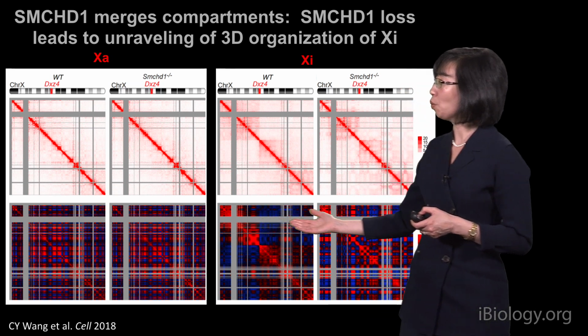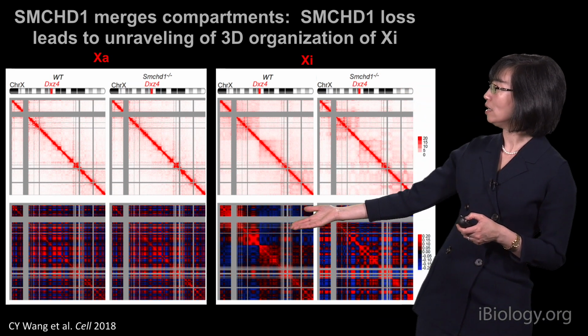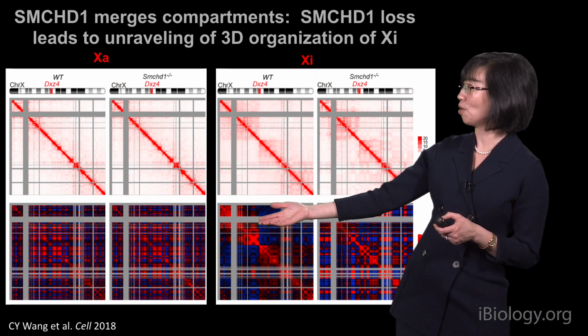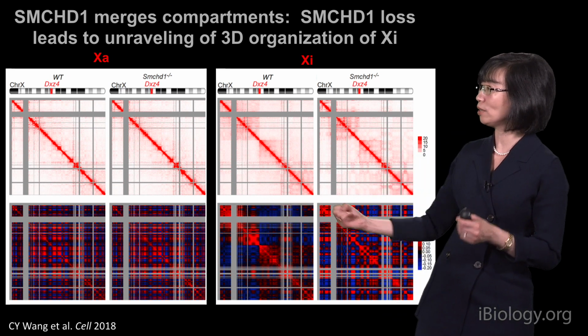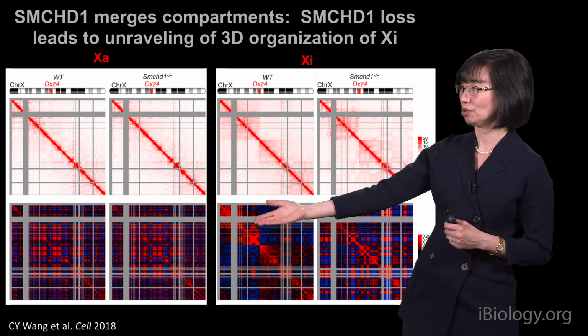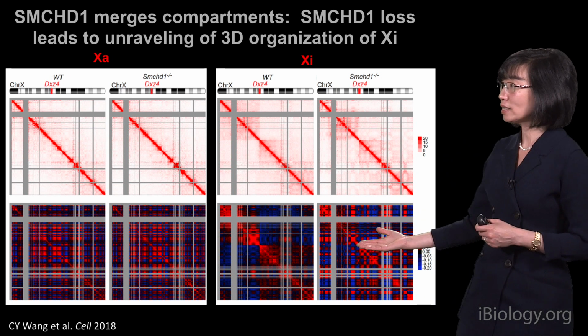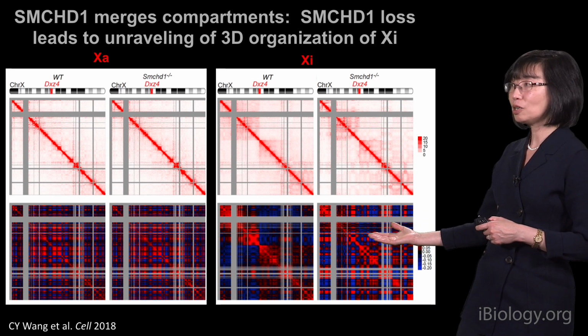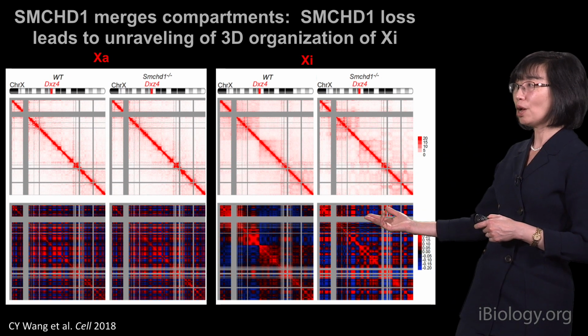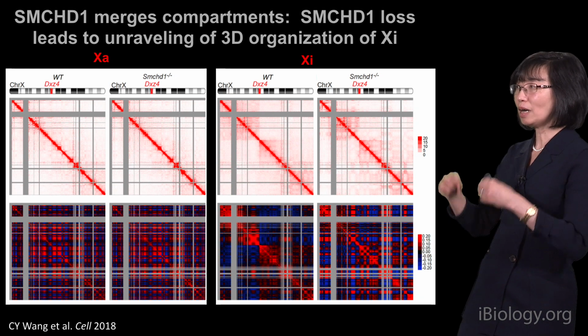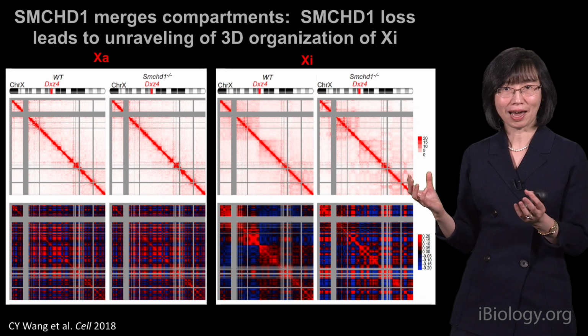And what you can see is that in the wild-type inactive X chromosome, these two megadomains really pop out, shown in red. But when SMCHD1 is removed, those two megadomains adopt a checkerboard pattern.